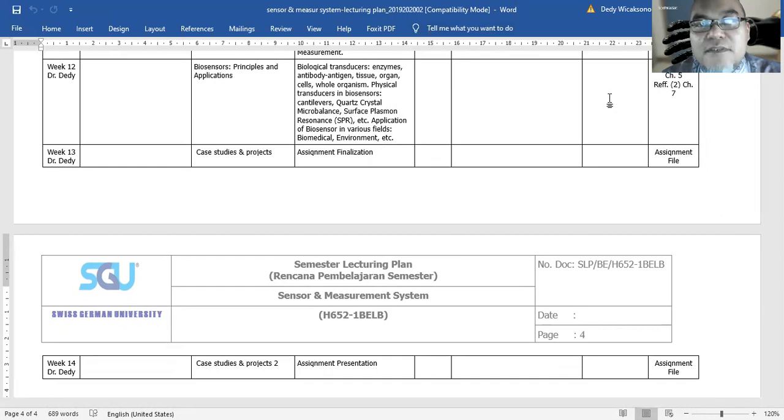In this sensor and measurement system course, I'm still thinking whether the assignment will also be integrated with the biomaterial assignment or not. So you will be divided into two groups.